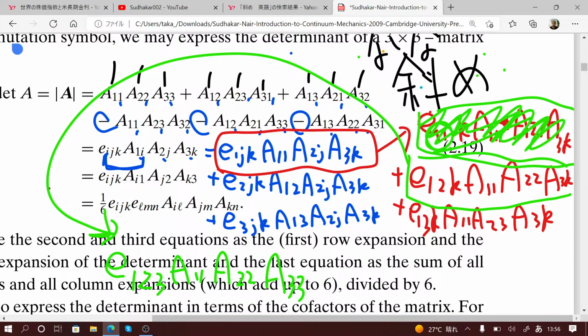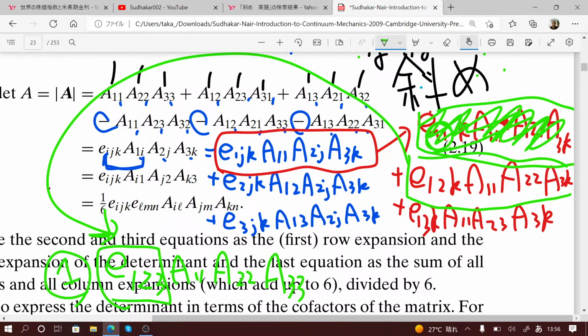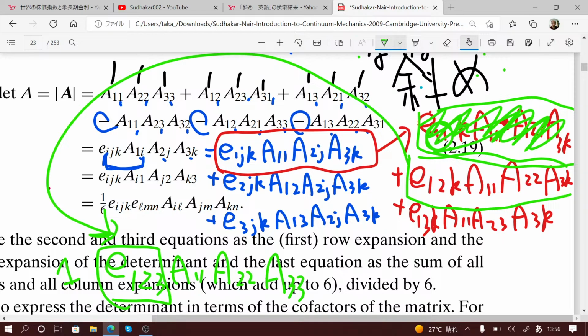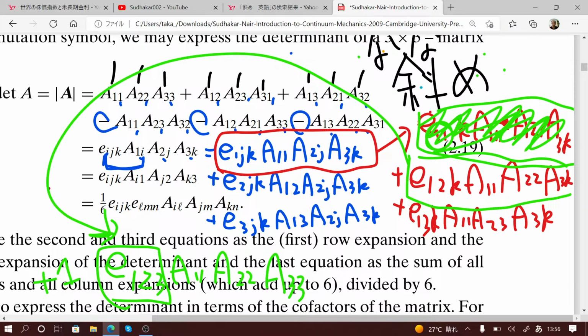Then this epsilon_{123} is 1. This is 1, plus 1. So in this way, we can expand.